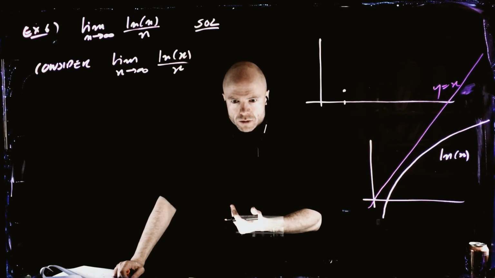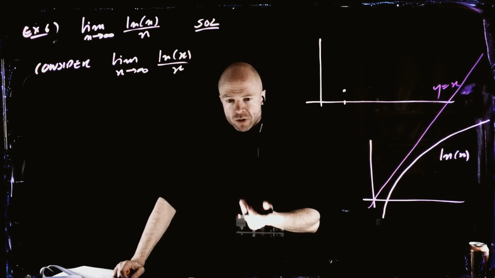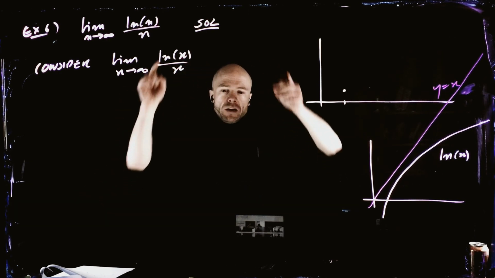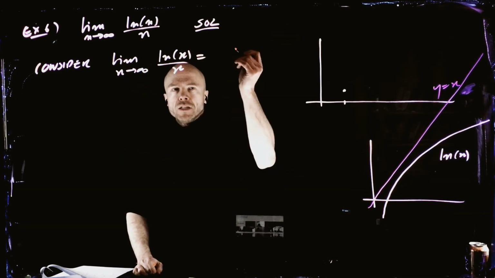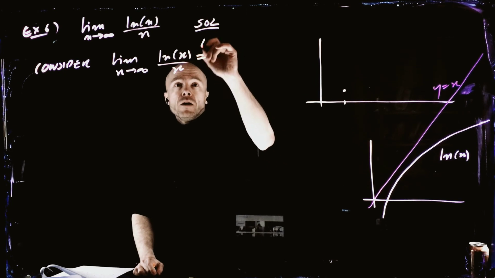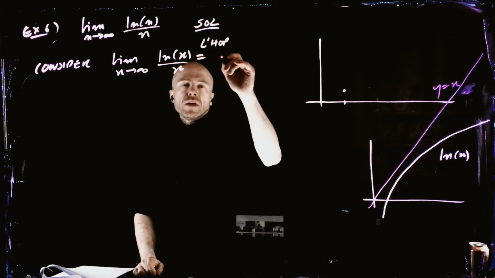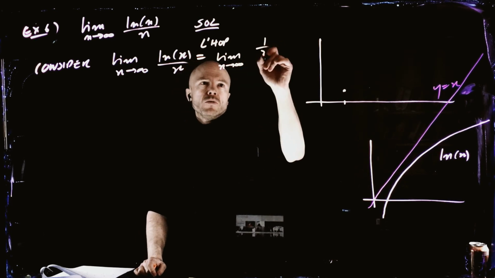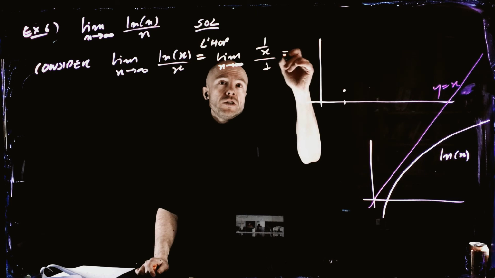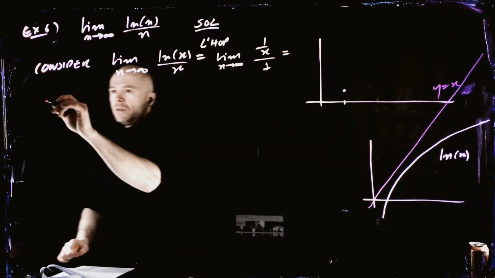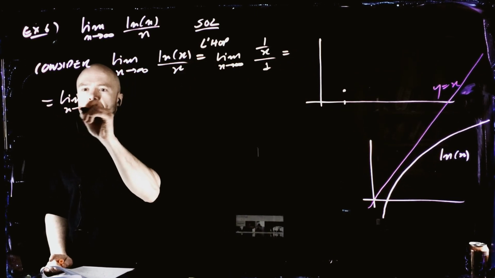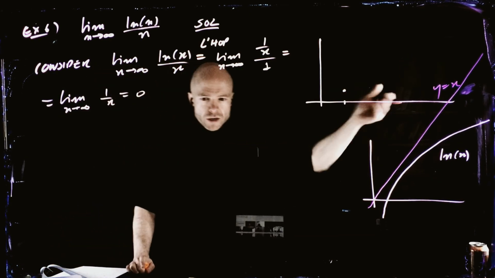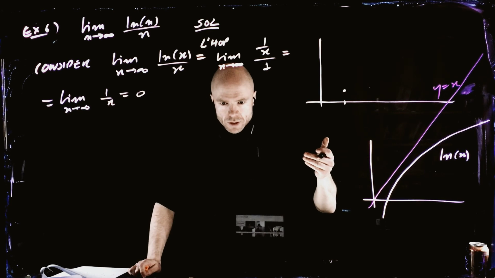But if you do want to apply L'Hopital's rule, you can, because as you've told me, it's in indeterminate form. It's infinity over infinity, so we can just differentiate top and bottom. So by L'Hopital, this is the same as the limit as x goes to infinity of 1 over x over 1, which is just the limit as x goes to infinity of 1 over x, which of course is 0. So we confirm what we know with this rule. Yeah?